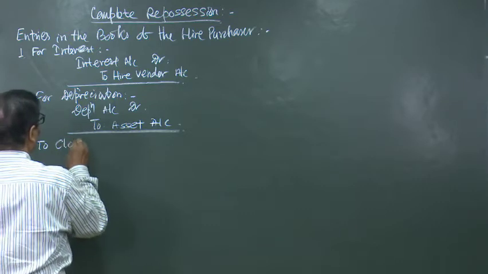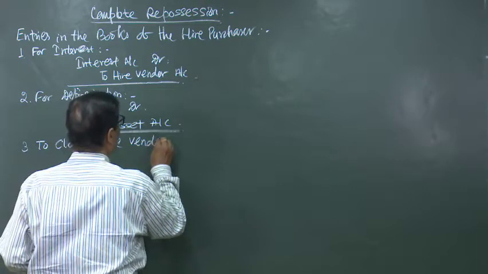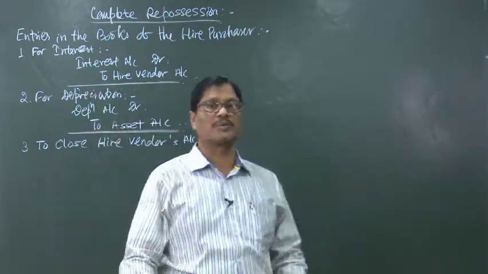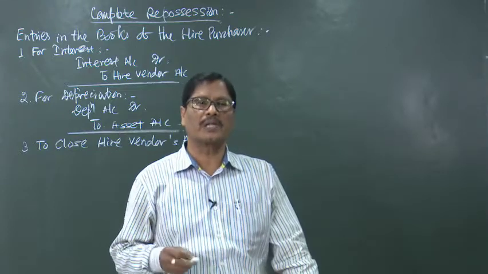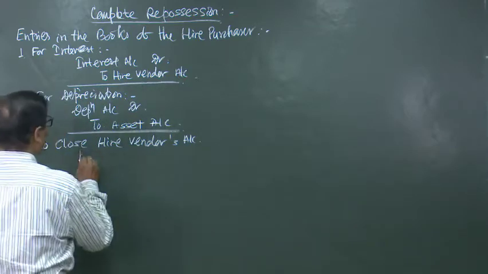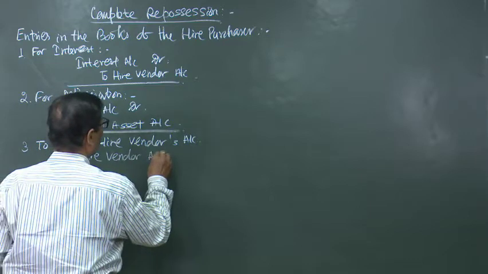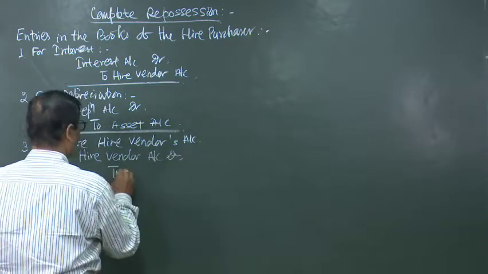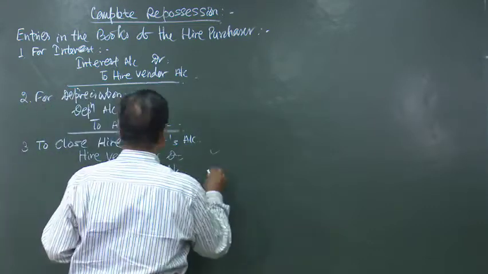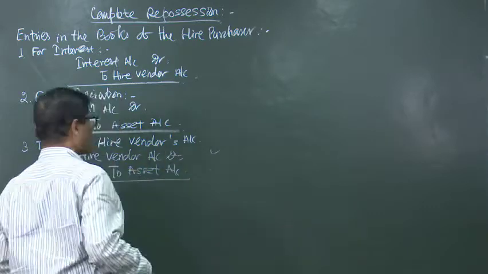To close hire vendor's account, which must be showing a credit balance, his account should be debited. So, hire vendor account debited to asset account. Whatever balance was there in the books of the hire vendor, now that has been debited, so it is closed.